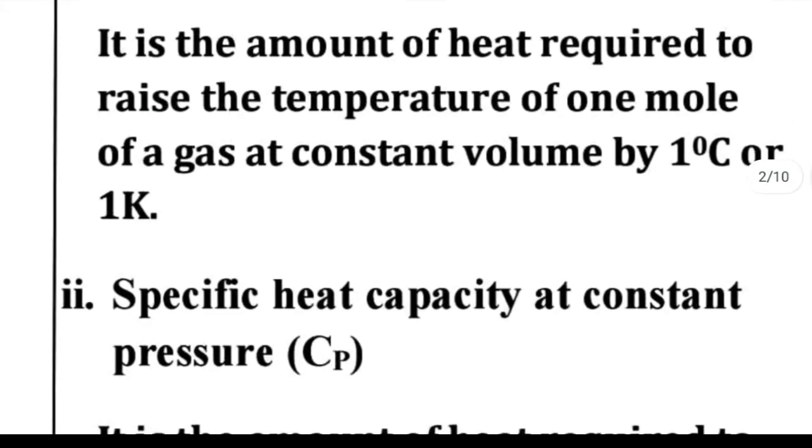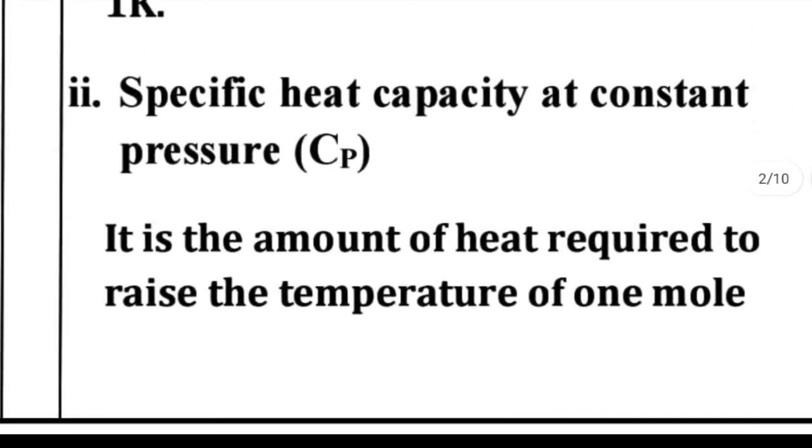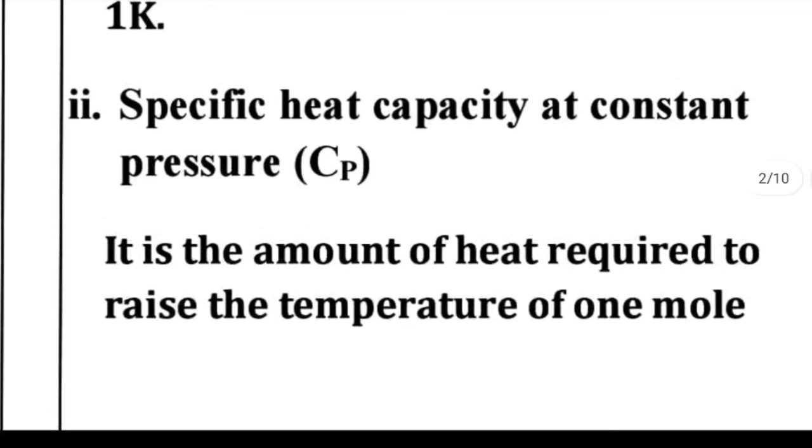And molar specific heat capacity at constant pressure, Cp, is defined as the amount of heat required to raise the temperature of 1 mole of a gas at constant pressure through 1 degree Celsius or 1 Kelvin. Both Cp and Cv are represented in the unit joule per mole per Kelvin. Cp and Cv will not be the same for a gas. They will be different.